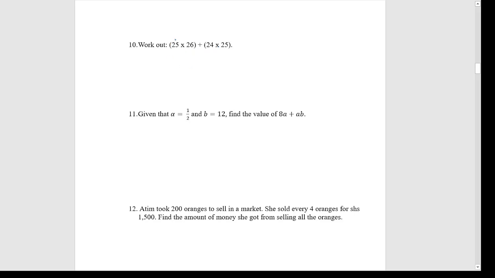It is 25 and 25 here, so I pull out 25, then I open my bracket. In the bracket I remain with the 26, then my addition, then the 24 which remained there. Therefore 26 plus 24 is giving us 50.